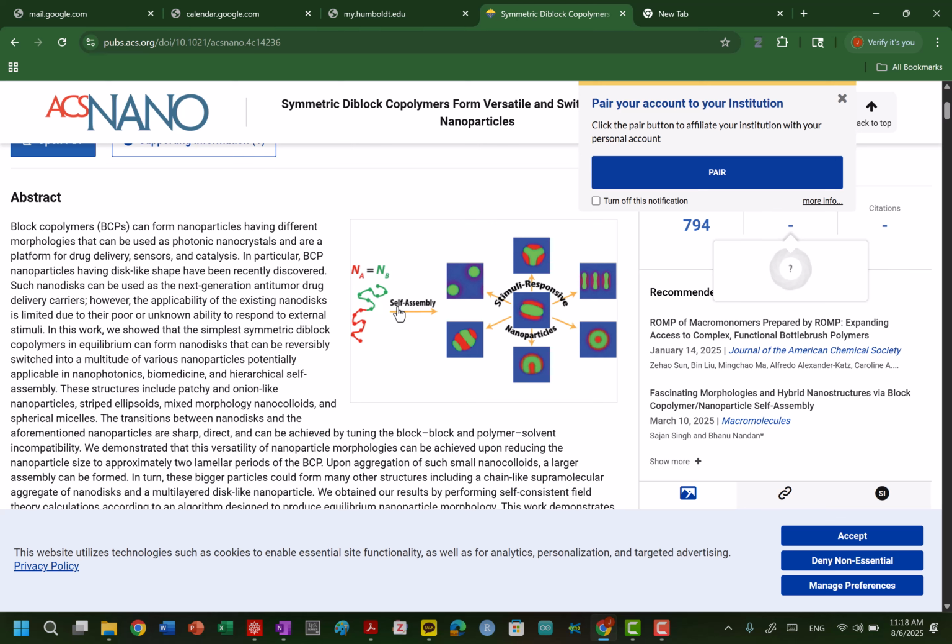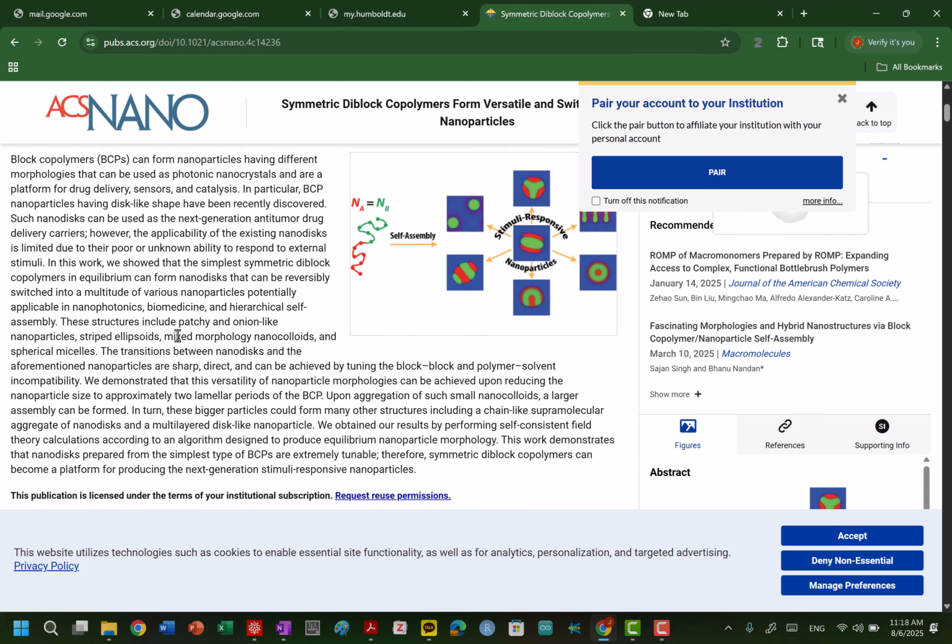These block copolymers have a structure of one type of polymer A and another type of polymer B. Depending on the size and length of these constituents, so the number of A block versus B block, and also an important parameter called the chi parameter, which allows you to tune the interaction, whether they like each other or want to stay separate from each other, they can form a lot of different structures.